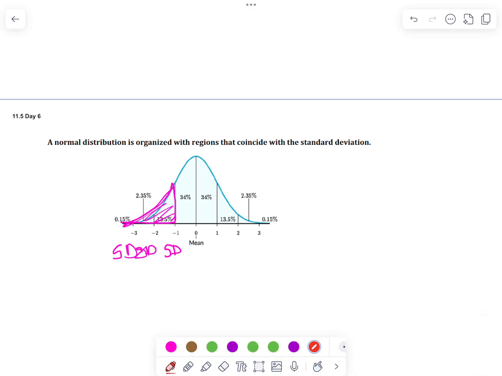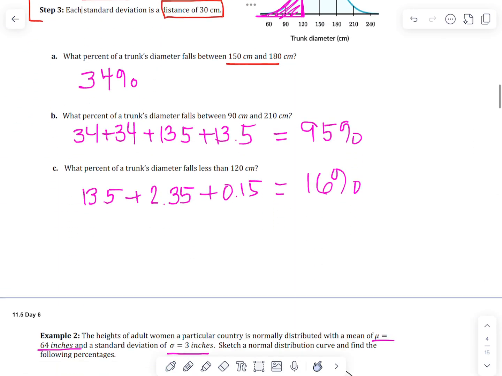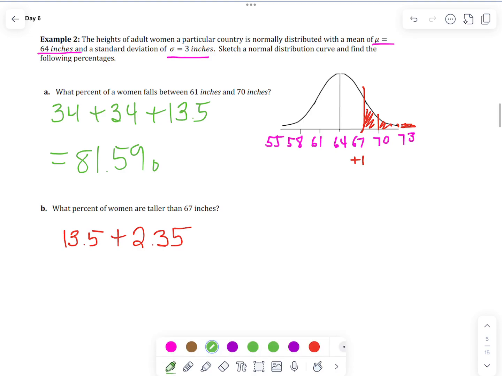So again, I'm looking at these 3 percentages. And then 0.15, and we get about 16%.